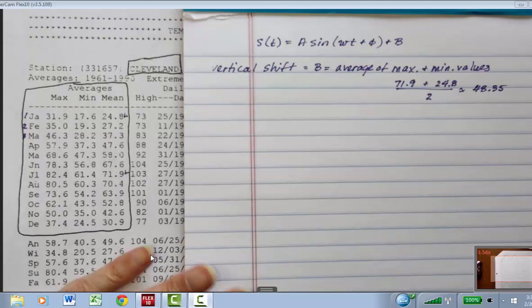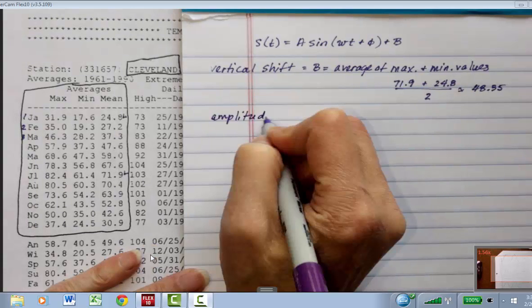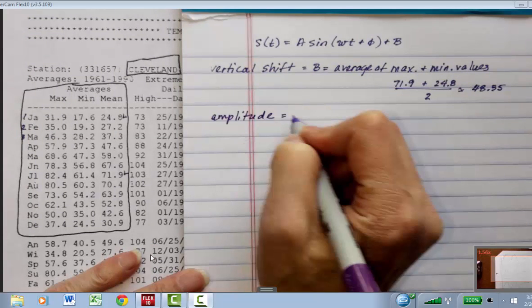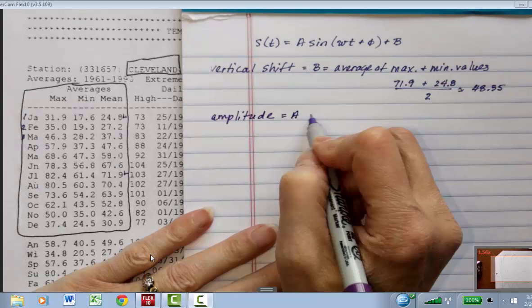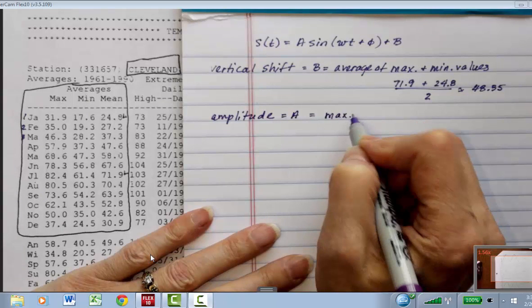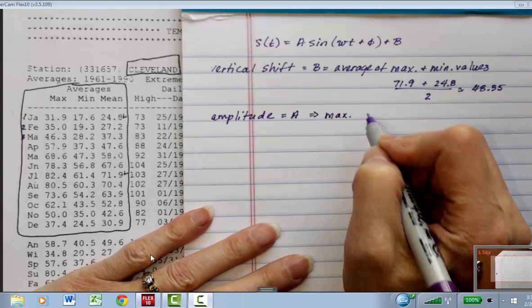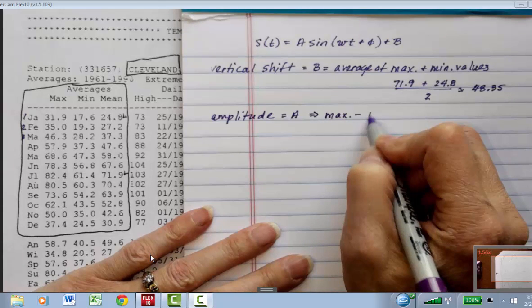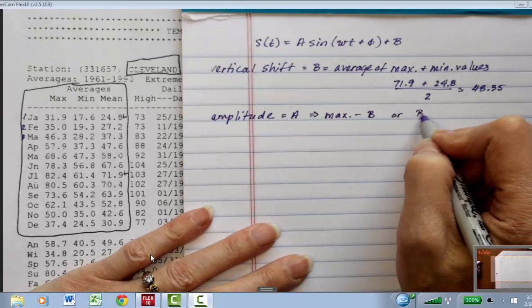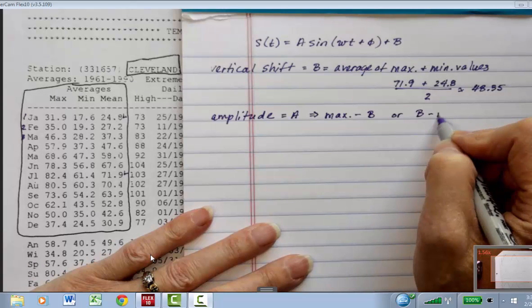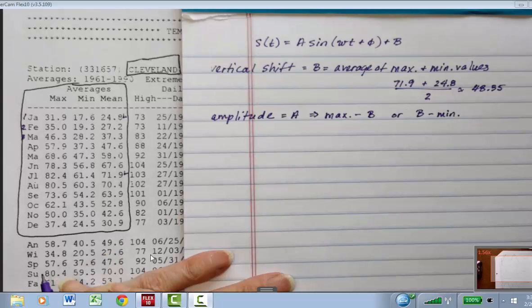Okay, next thing we're going to do is find our amplitude, and that's our A. And remember that our amplitude is the distance between our maximum value minus our vertical shift, or our vertical shift minus our minimum value. Either way, you should get the same answer.